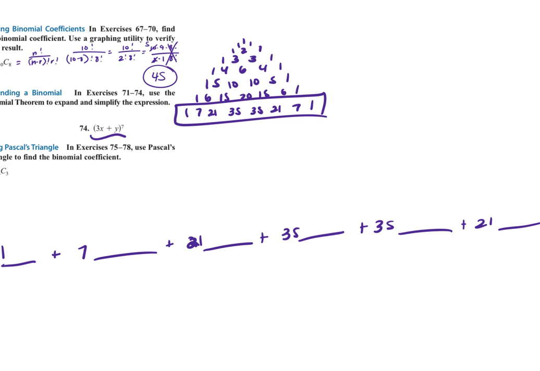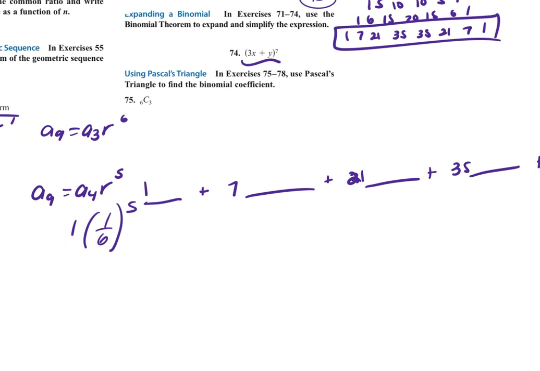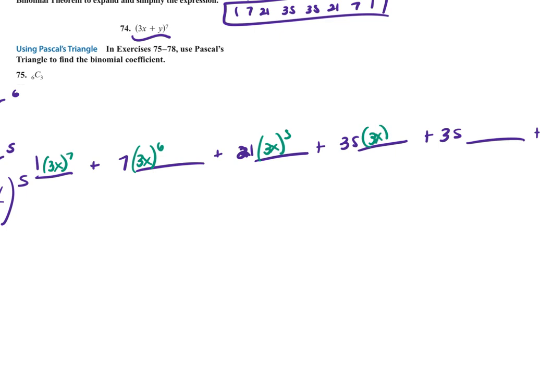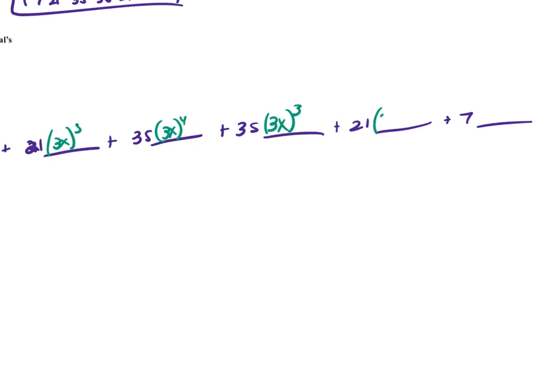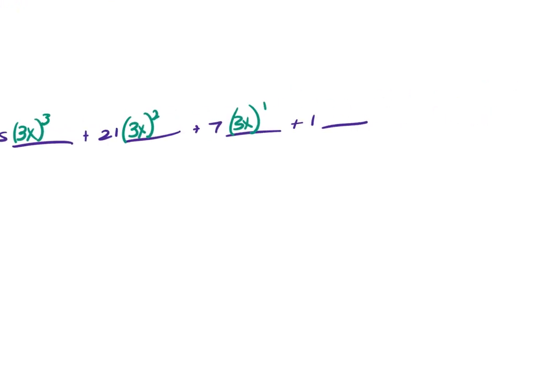My first term is the 3x. So I'm doing 3x to the 7th, 3x to the 6th, 3x to the 5th, 3x to the 4th, 3x to the 3rd, 3x to the 2nd, 3x to the 1st, and 3x to the 0.